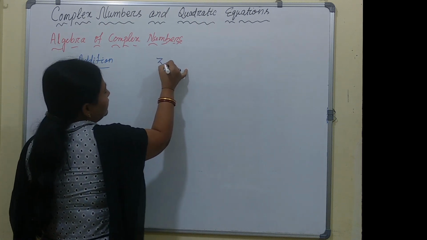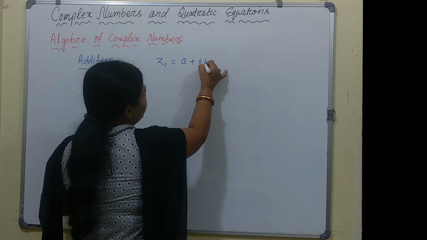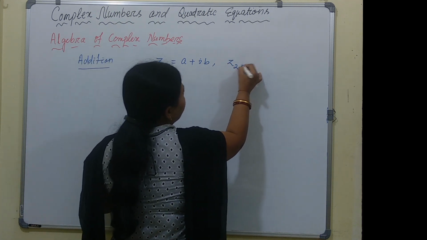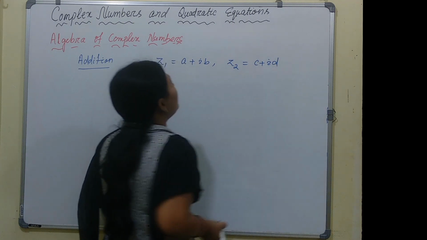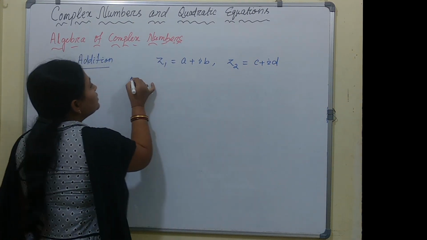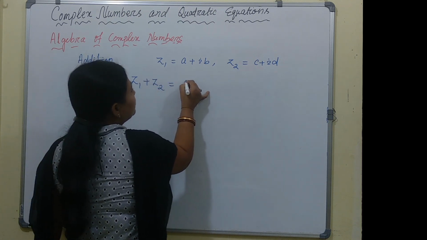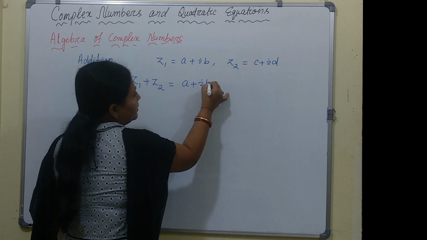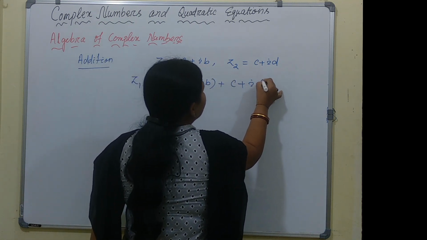If z1 is equal to a plus ib and z2 is equal to c plus id, where a, b, c, d are real numbers, then z1 plus z2 is equal to a plus ib plus c plus id.